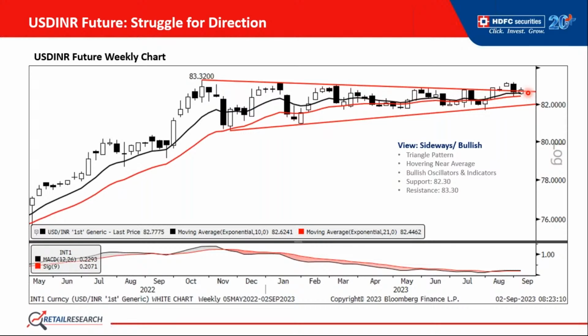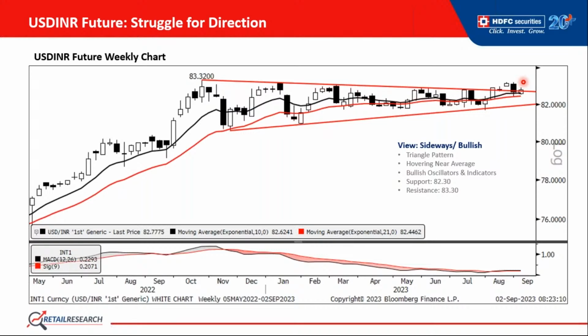As long as we are holding the level of 82.44 on the futures side, the direction for USDINR probably remains on a higher side. Still, one should look at the Chinese currency, crude oil prices, and foreign inflows for further direction. So far as our view is concerned, it remains sideways to bullish, and we will remain on the buy side as long as it holds the level of 82.30.